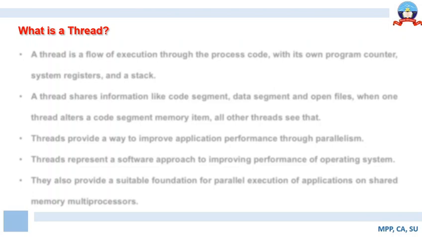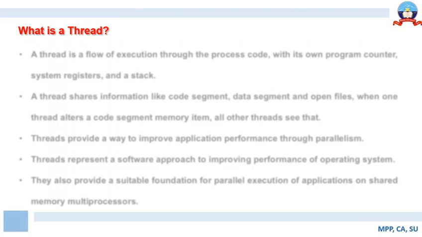The threads can execute in parallel and reduce the overall execution time. So again, a thread is a flow of execution through the program's or process's code, where each thread maintains its own program counter, CPU registers, status registers, and stack.